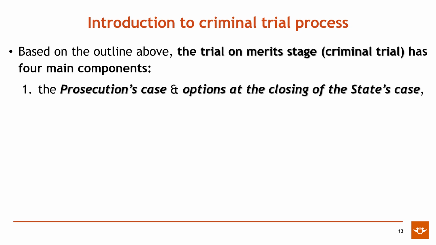And then at the end, when it has adduced all of its evidence and the process of examination in chief, cross-examination and re-examination for each witness has been followed, the prosecution will close its case, and at this point there are a number of options available to the defense.